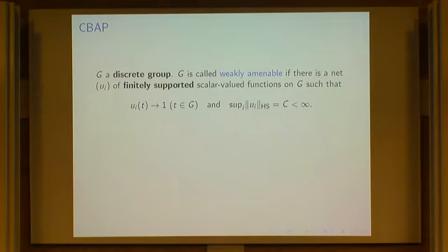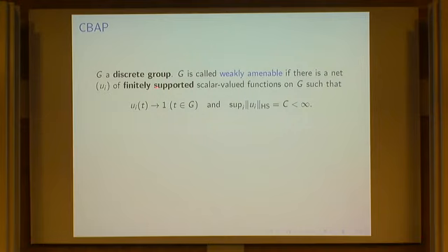Now, approximation properties. Let me spend the last 5 to 10 minutes, I will finish a bit early, I think, on approximation properties. This is not related to the previous several slides at all. So now I'm going back to the situation where we just have a discrete group.